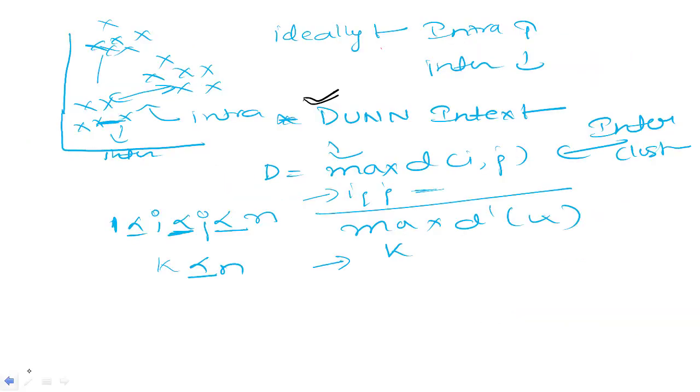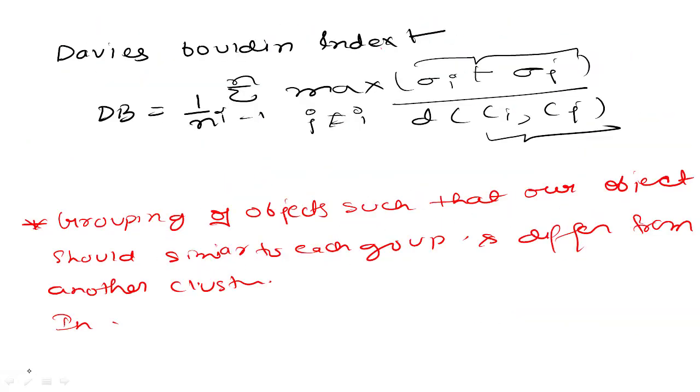Let's just recapitulate what we have seen so far. We have seen what clustering is. Clustering is just a grouping of similar objects in such a way that these objects are similar to each other within the cluster, while the intercluster distance should be maximum and the intracluster distance should be small. What is the difference between inter and intra?